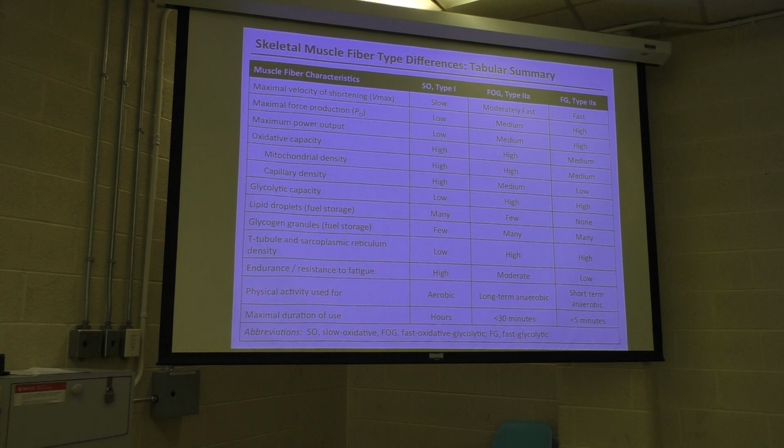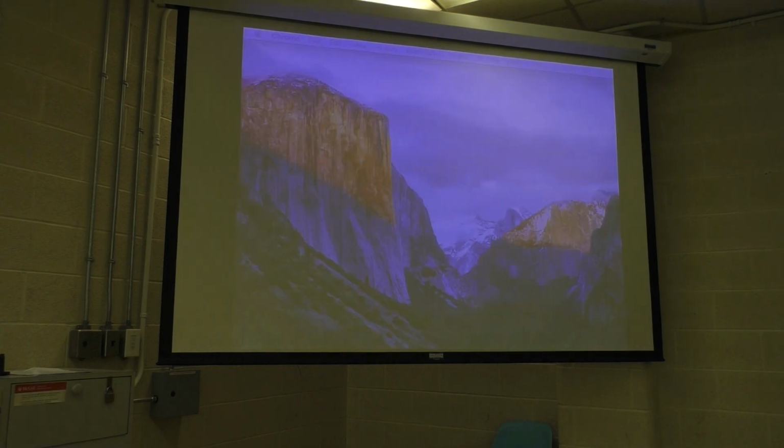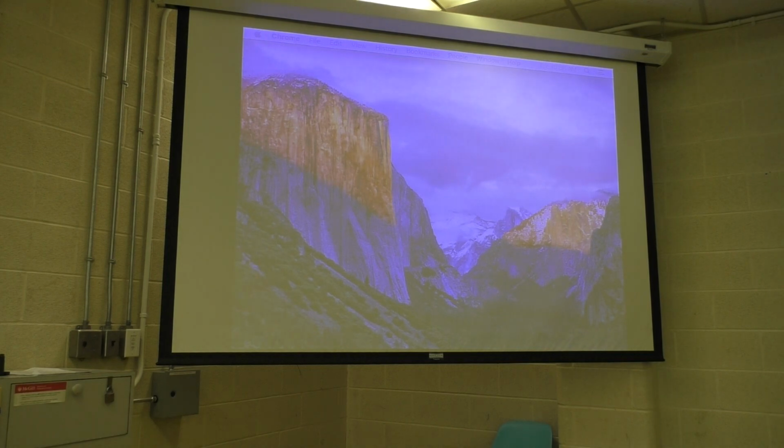Okay, so ATPase activity has to match the maximal ability of contraction. So what is the benefit of a slow contracting fiber in terms of force and velocity?